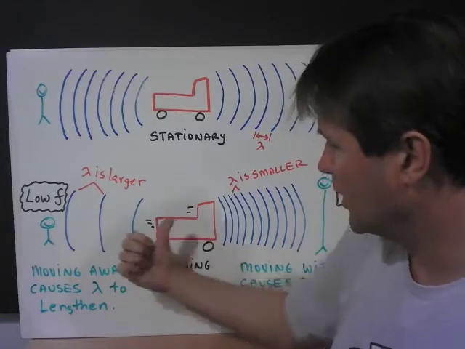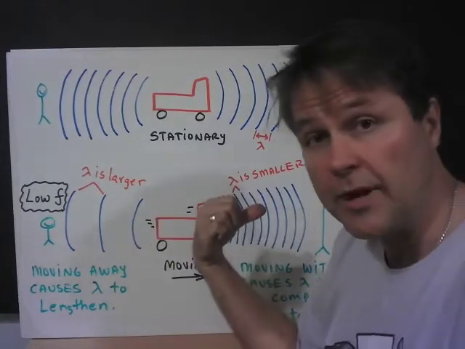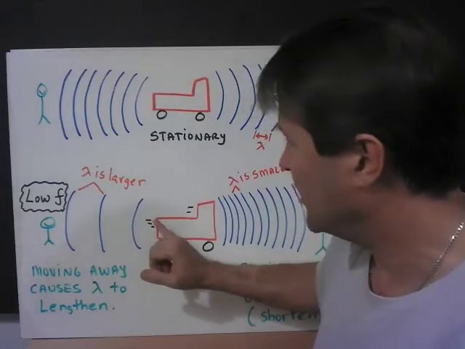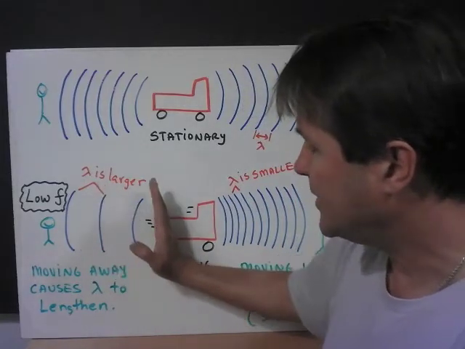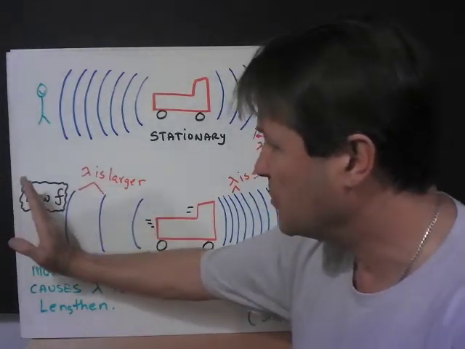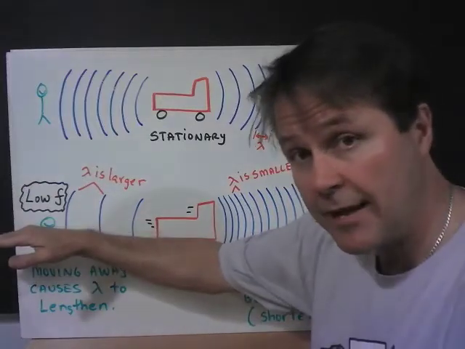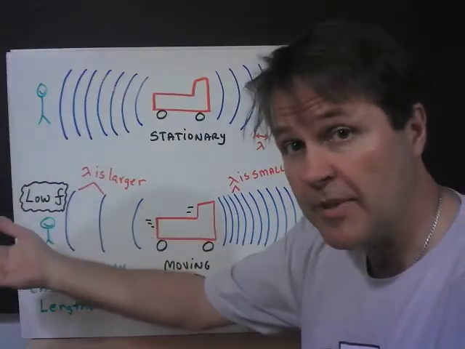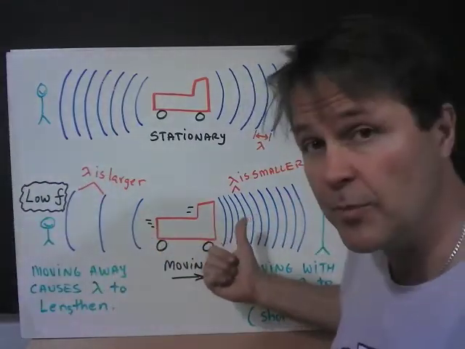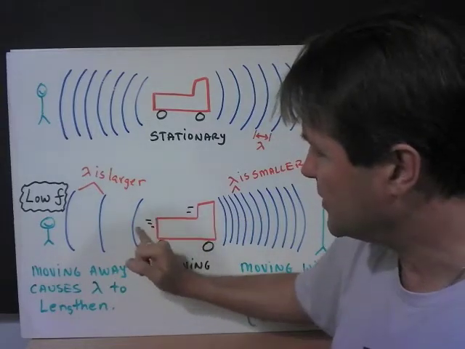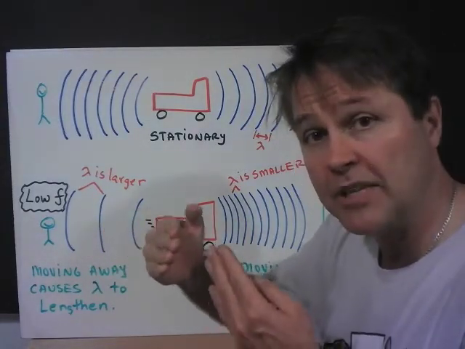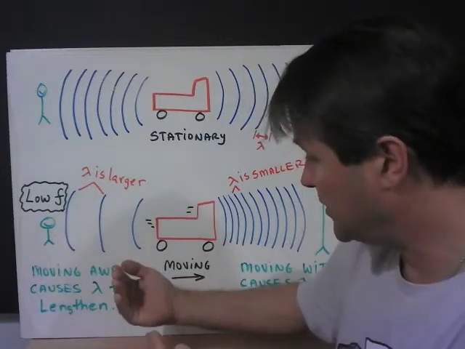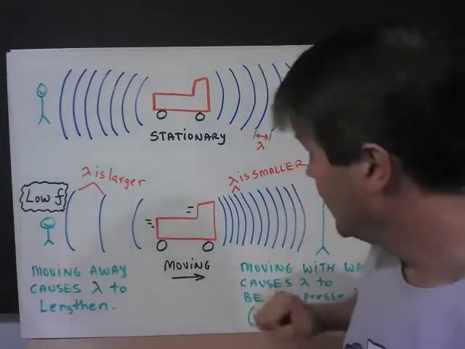But if the fire truck were moving towards the right of the picture, what happens is as the sound is emitted towards the back of the truck, or away from the direction of the movement, these waves now have to travel an additional distance because the source is moving away.